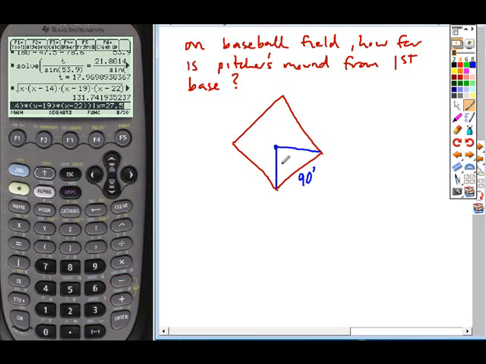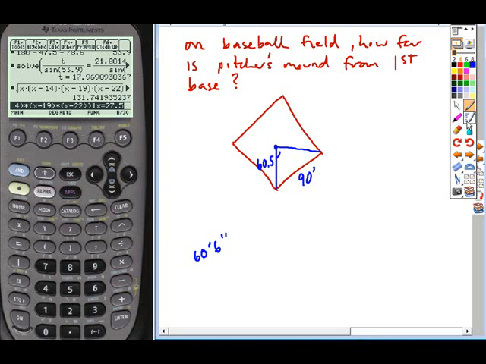No. Does anybody know how far? All right, is our answer 60.6? So 60 feet, 6 inches. 60.5, very good.